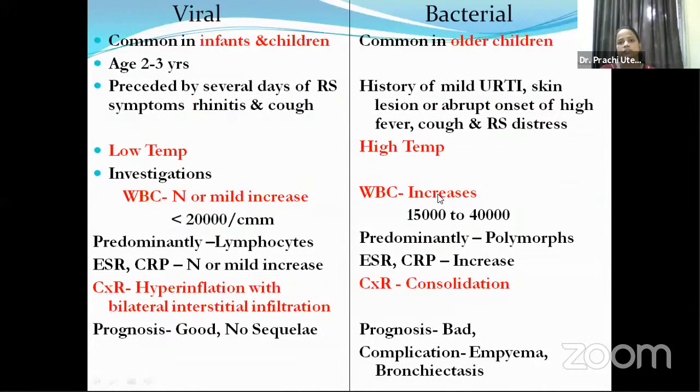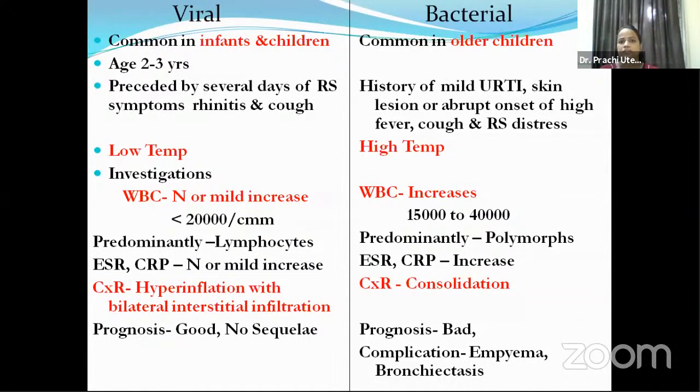Now, coming to the difference between viral and bacterial pneumonias. Clinically, we cannot differentiate much, but there are a few differences we need to understand. Viral pneumonias are common in infancy and in children, and bacterial pneumonias are commonly seen in older children, age group wise. Most of the time, viral pneumonias are preceded by several days of respiratory infection like rhinitis, cough, and cold.